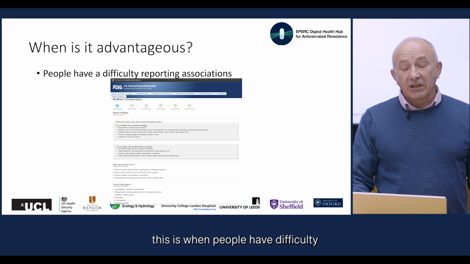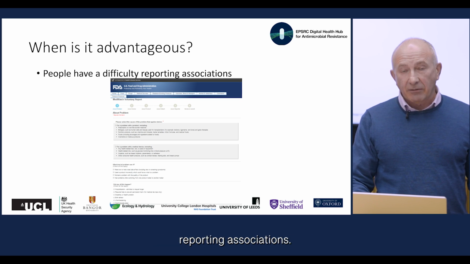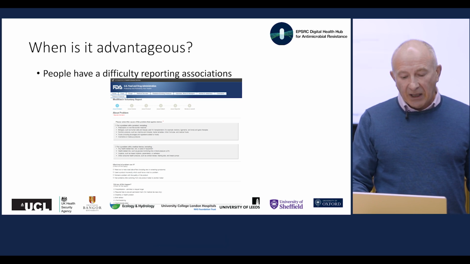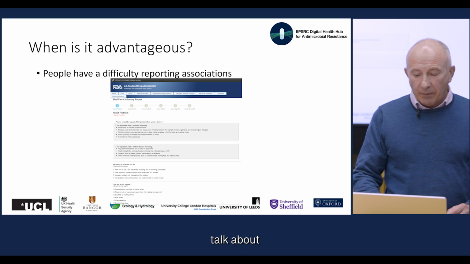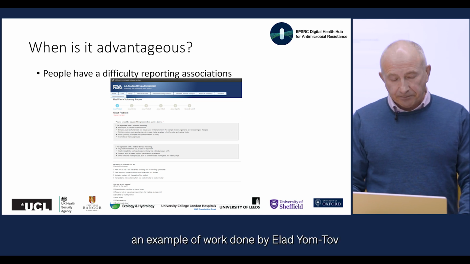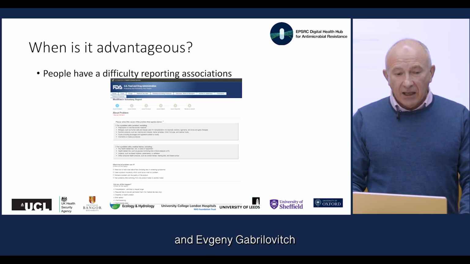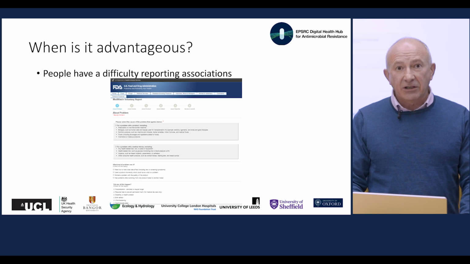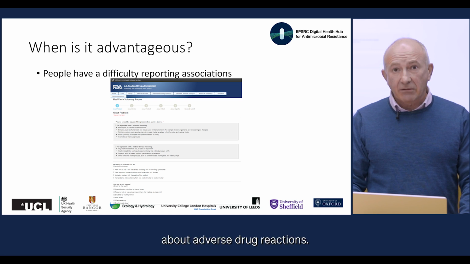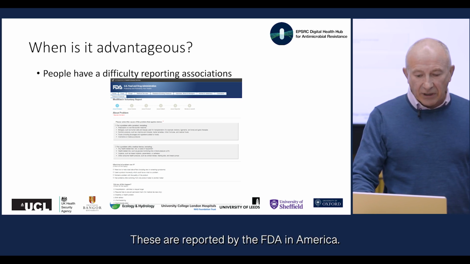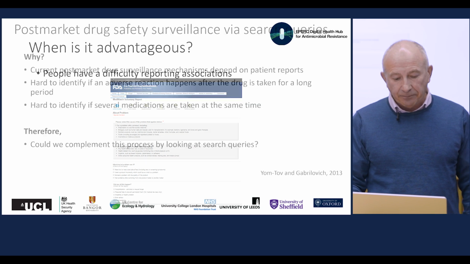Another reason to use this is when people have difficulty reporting associations. So I'm going to talk about an example of work done by Ilya Lyomtov and Evgeny Gabrilovich about adverse drug reactions. And these are reported by the FDA in America.